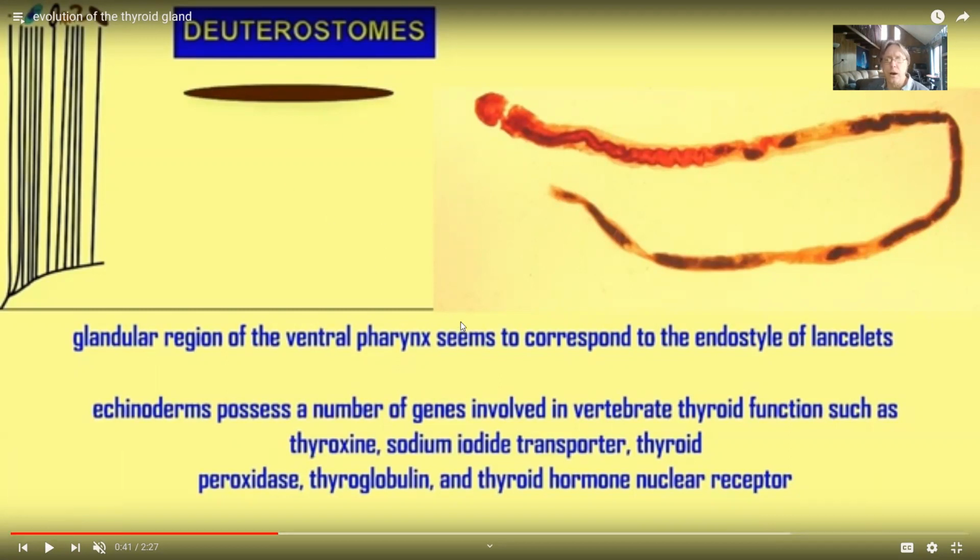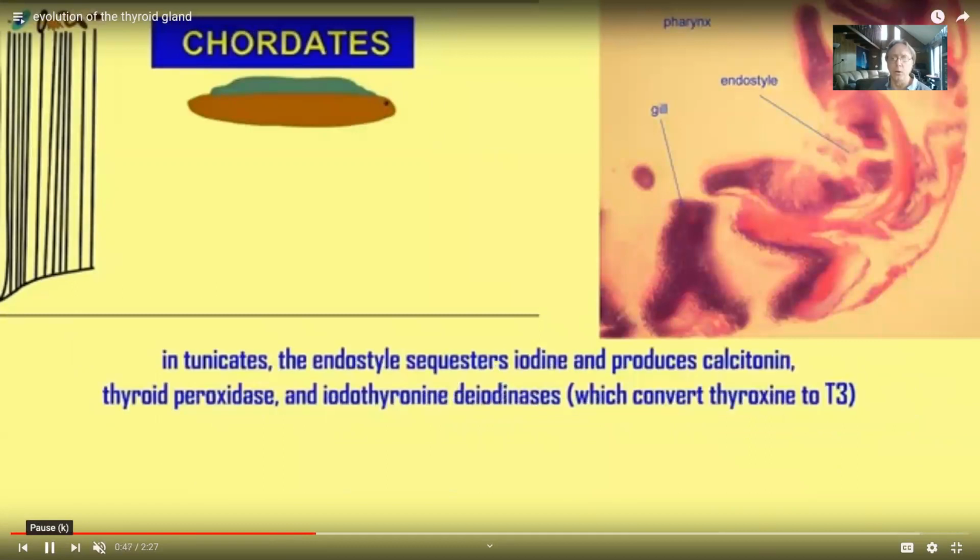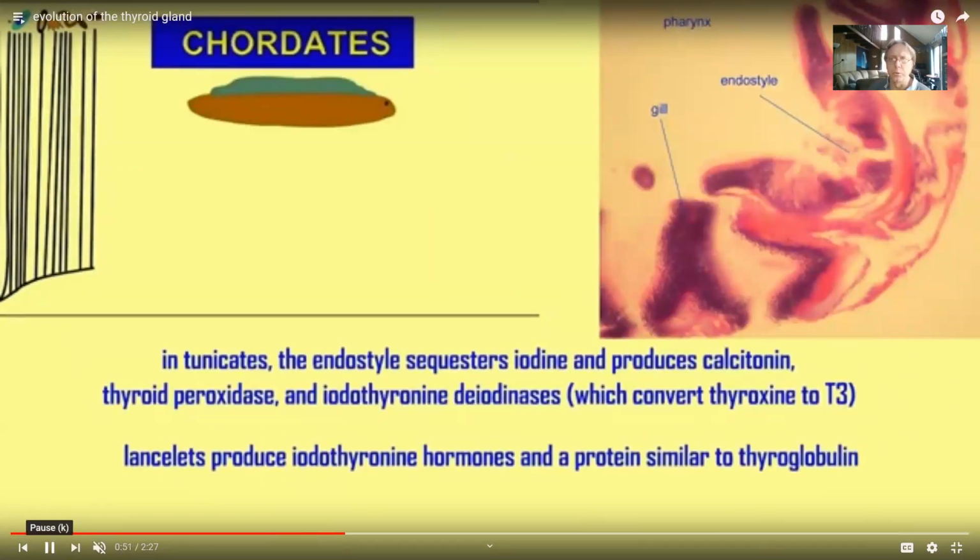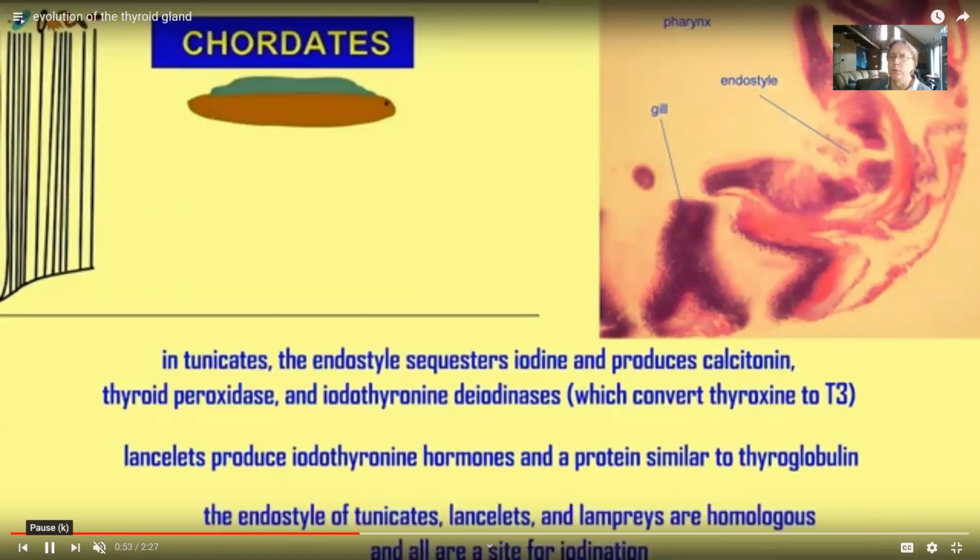Even going back to the hemichordates, the association of iodine with the endostyle to be bound with the thyroid hormones then predates the vertebrates.